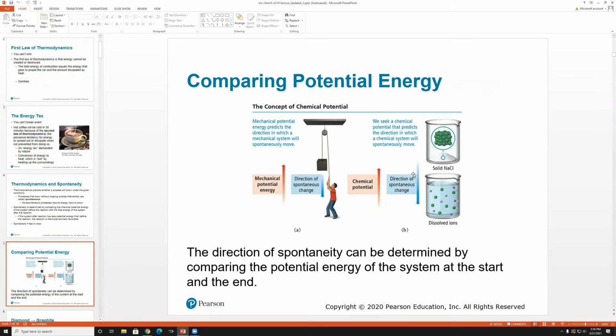Here are some examples of spontaneous reactions. You have a heavy object held up high. The potential energy is holding it up, but if it were to go the way that gravity and the universe wanted, in the direction of its spontaneity, it would go down. Chemical changes work in the same way. If solid NaCl is put into water, the natural spontaneous change is dissolution, or dissolving.